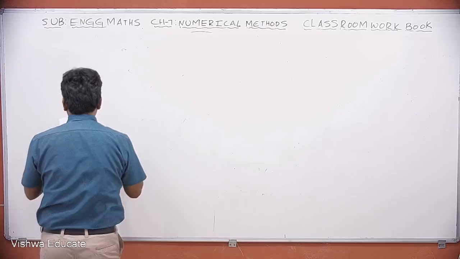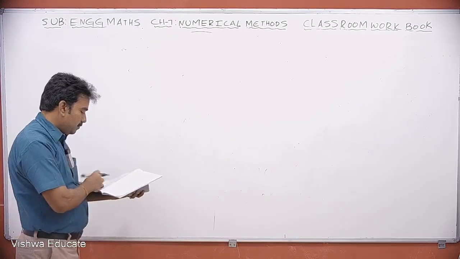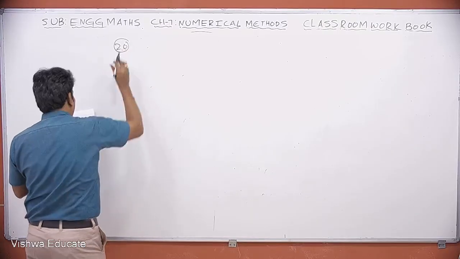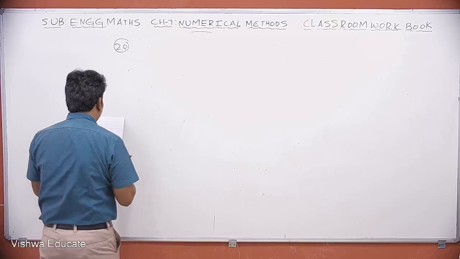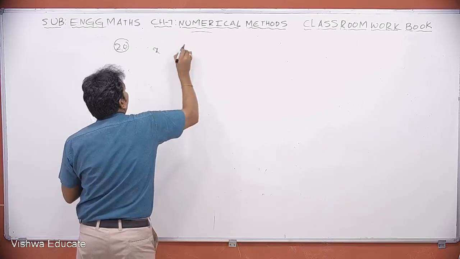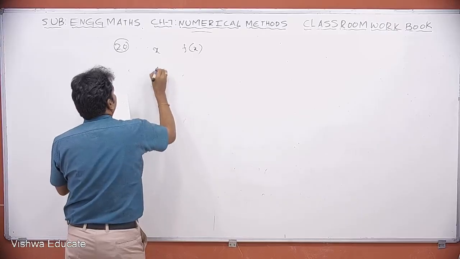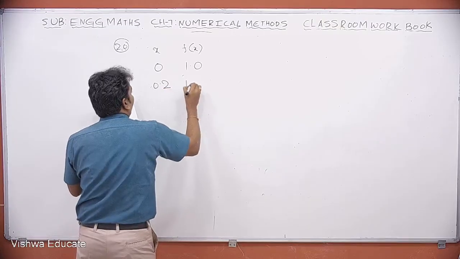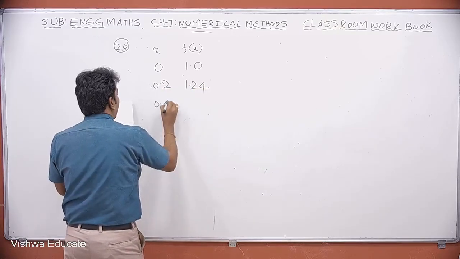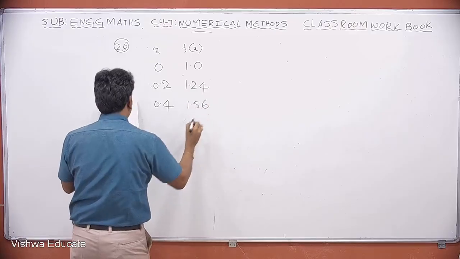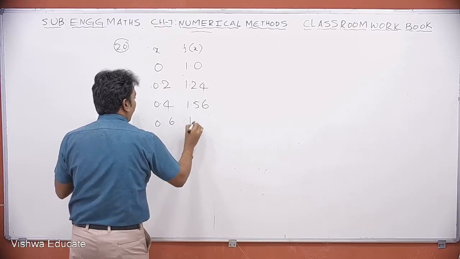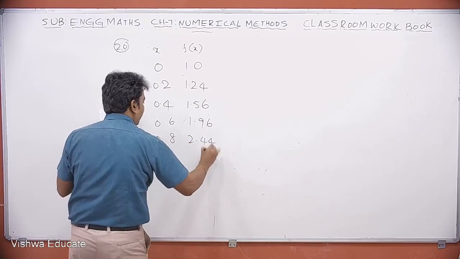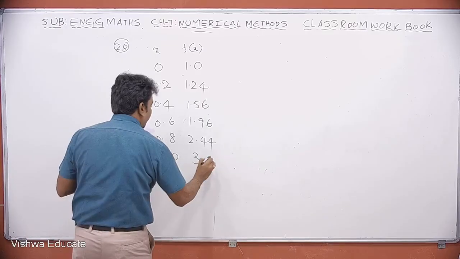Now we discuss question number 20. For a function f of x, the values are given like this: x values, f of x values: 0, 1.0; 0.2, 1.24; 0.4, 1.56; 0.6, 1.96; 0.8, 2.44; 1.0, 3.0.